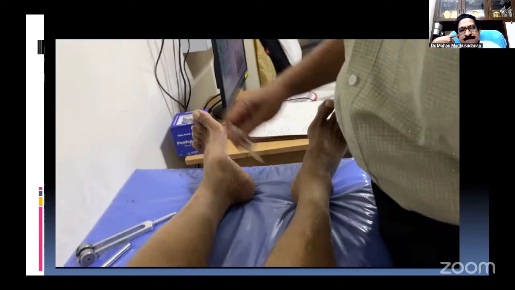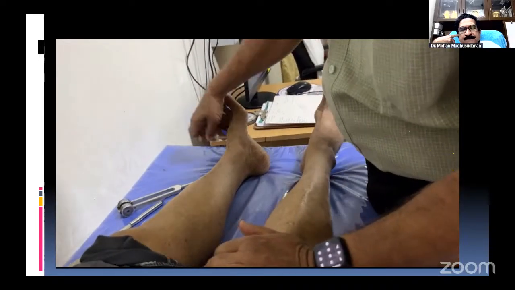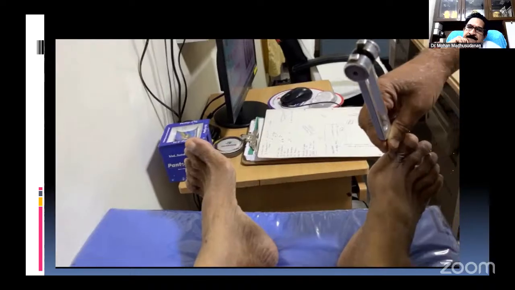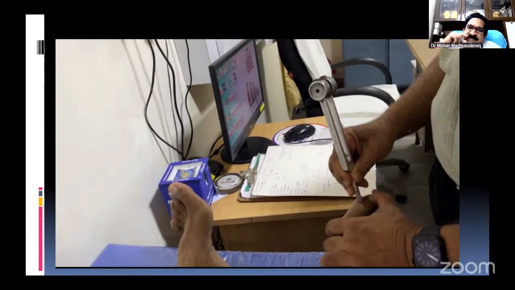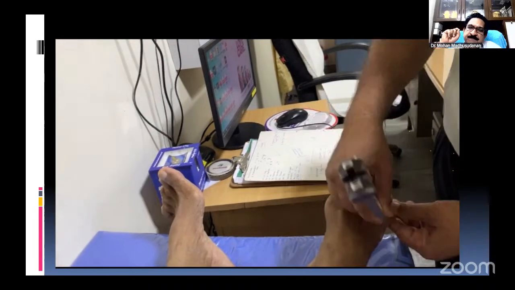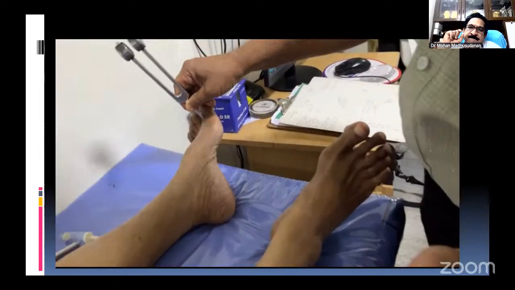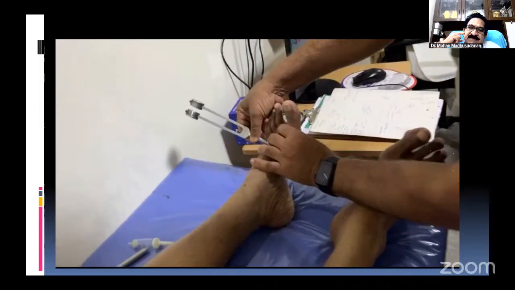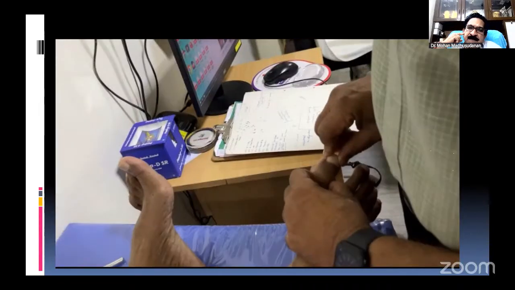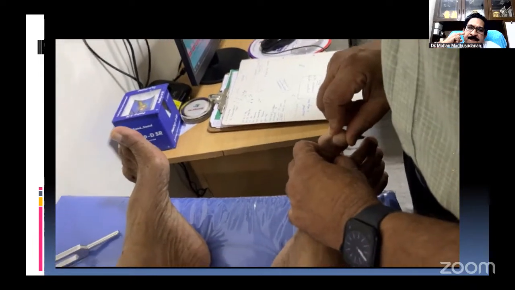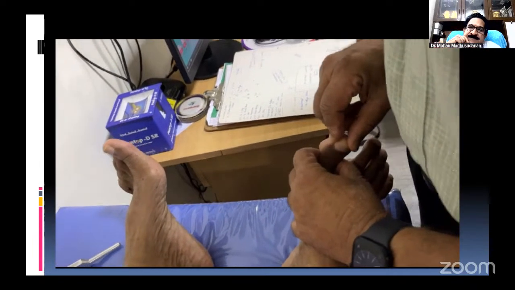X-ray normal. He said vibration is impaired on the right. Not sure. Joint position sense is impaired bilaterally.